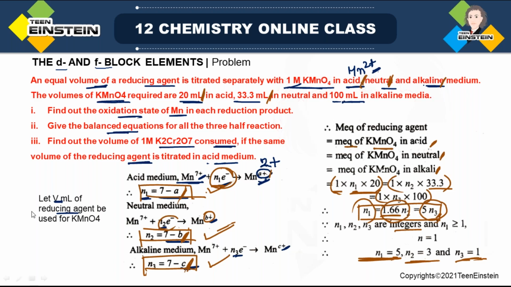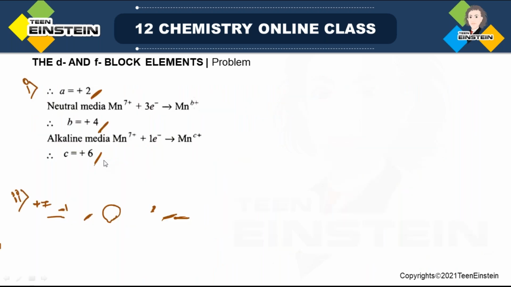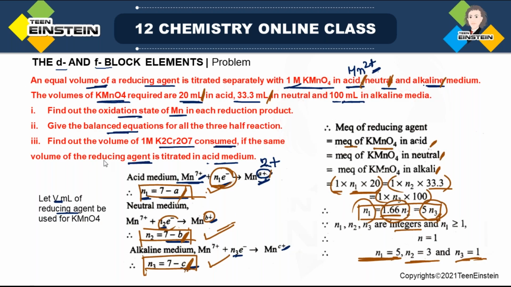If the reducing agent that we are using, in case of KMnO4, the reducing agent that we have used, suppose we are using the same reducing agent when the oxidizing agent is K2Cr2O7. So keeping the volume of the reducing agent the same, if we are doing the titration in acidic medium, because K2Cr2O7 also works in acidic medium.